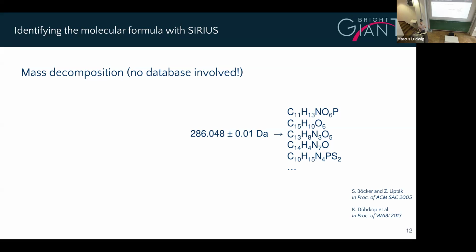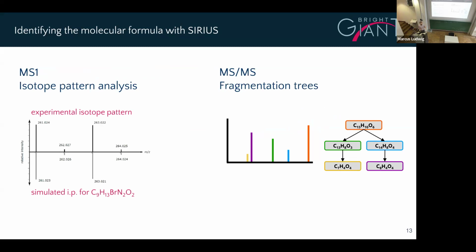So now you need to have some way of deciding which is the correct molecular formula for my measured compound. And what we can do is, the two kinds of data we have are, on the one hand, the MS1 data, and on the other hand, the MS2 data. And we can use the MS1 data to score molecular formulas by just simulating isotope patterns.